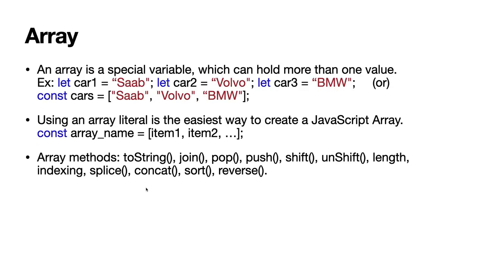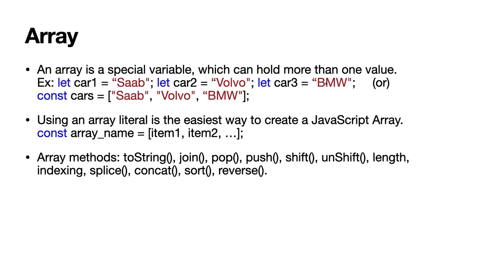The next topic is all about arrays. So why do we need to use arrays? An array is a special variable which can hold more than one value. Consider this example where you are declaring three car values, like car 1 is Saab, car 2 is Volvo, car 3 is BMW.